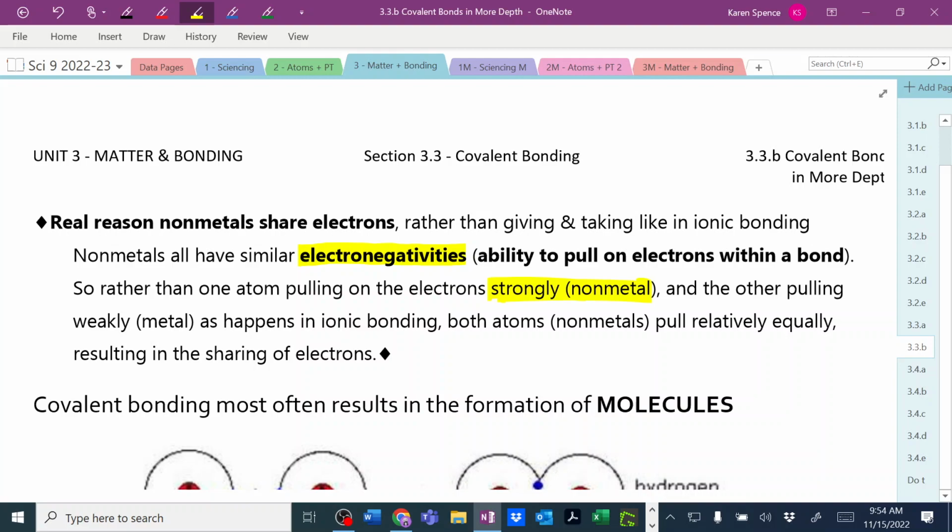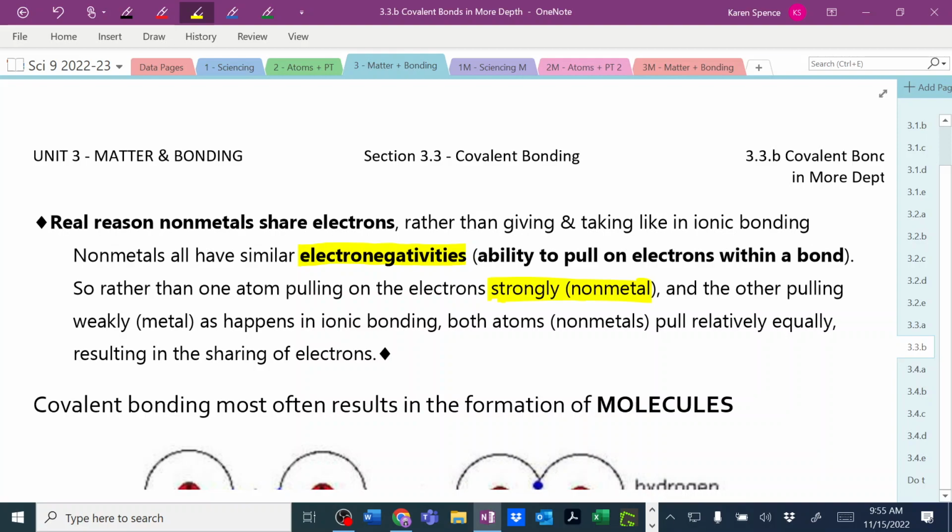Let's imagine that I have an electron here. Do I have a volunteer who would like to hold the other electron? Yes, excellent. Okay, so we're going to start off, and you're going to be the non-metal. So are you good at pulling or are you bad at pulling? You're good at pulling.